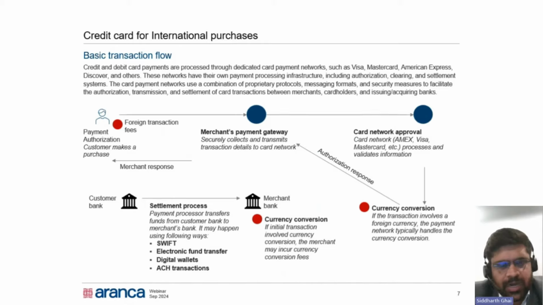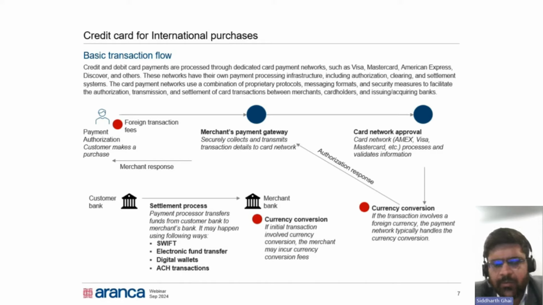The merchant payment gateway securely collects and transmits the transaction details to the card network. The authorization information is transmitted by the merchant payment gateway to the card network for approval. The card network can be anything, Amex, Visa, Mastercard, and it validates and processes the information received.